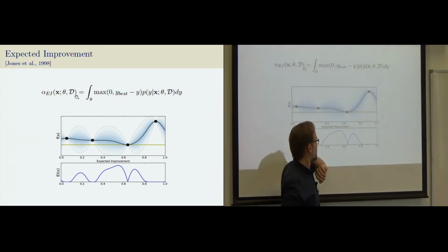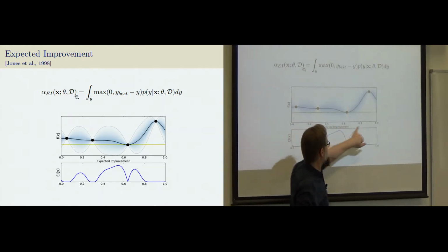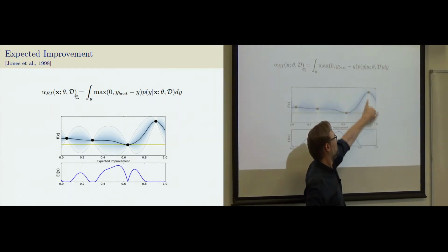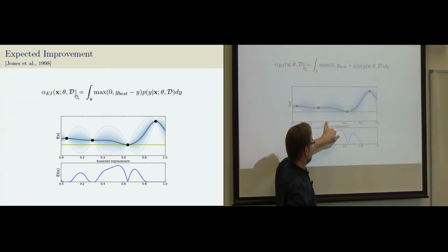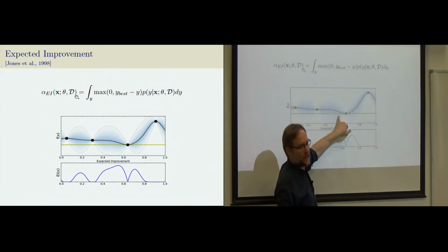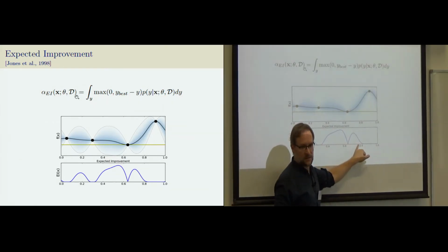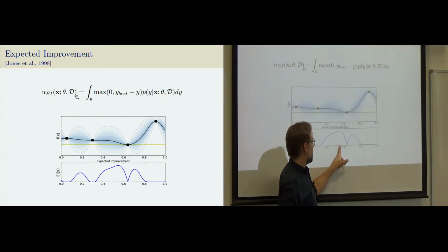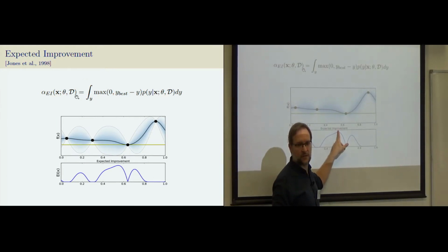We say, well, in expectation, how much are we going to improve our current best if we evaluate our function here? Probably nothing, according to the model, right? How much, on average, are we going to improve over our current best if we evaluate somewhere over here? Probably a lot, right? And then I compute this object, and I maximize it, and I select the next evaluation that I want.